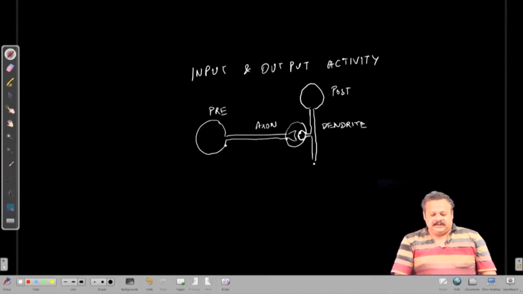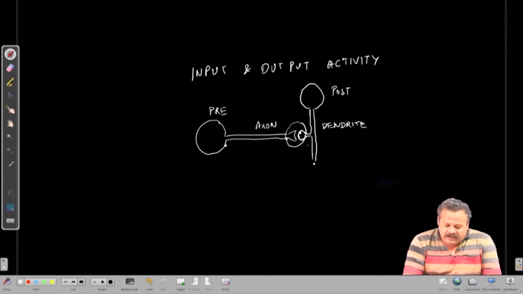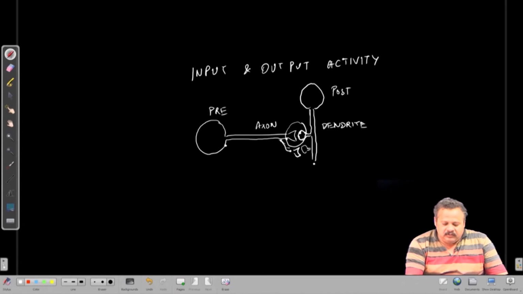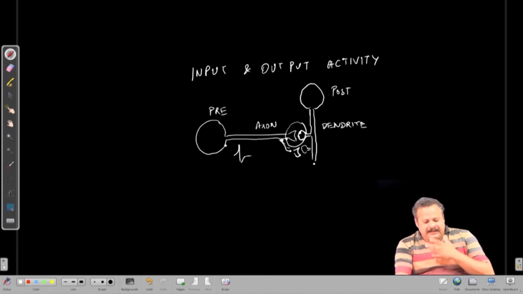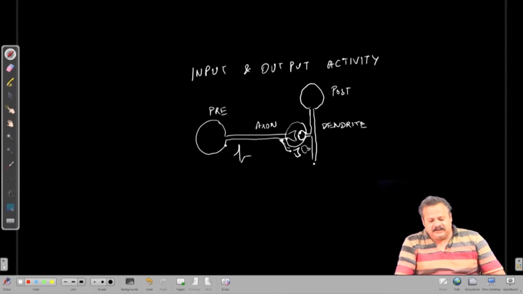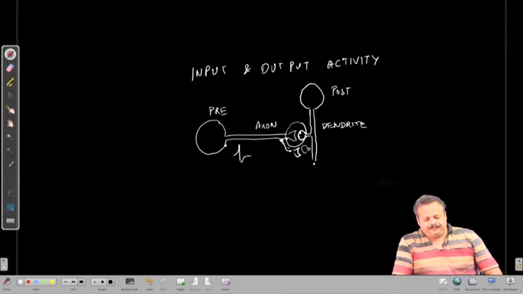All these kinds of things can happen. Similarly, here there can be new spines and collaterals forming, which can effectively increase the strength of these synapses. That is, due to a spike on the presynaptic side, there will now be more current in the dendrite of the postsynaptic neuron, and this will effectively enhance the synaptic strength.